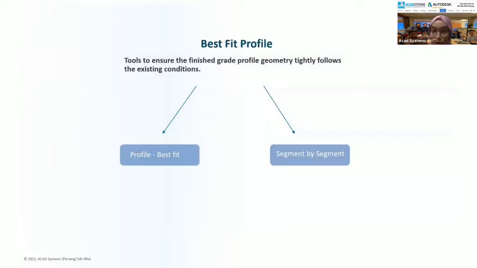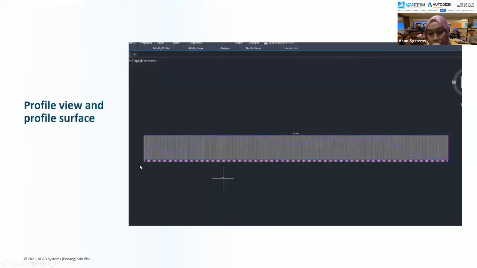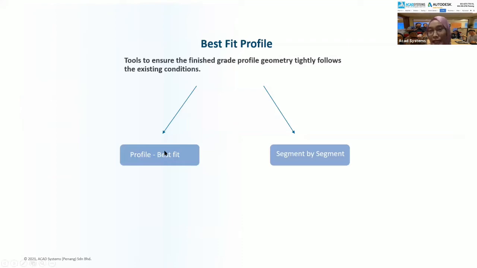All right, so to create the new profile for the road, as I said just now, we're going to use the best fit profile tools. This best fit profile tool is one where we're not going to make very big changes from the original profile. We're going to make slight changes, and the profile geometry will follow tightly based on the existing condition.